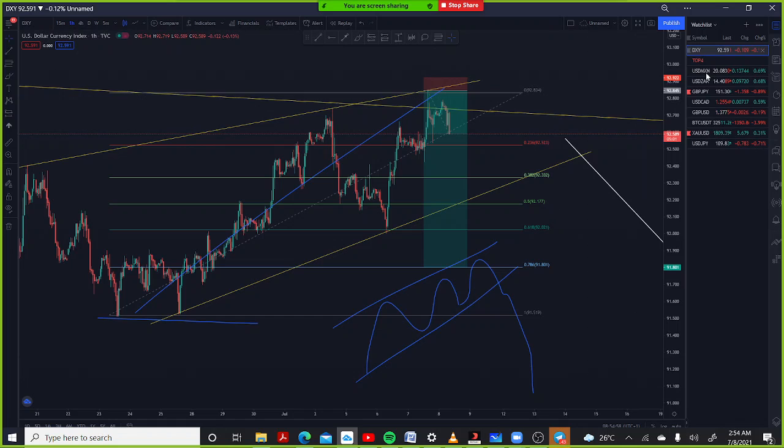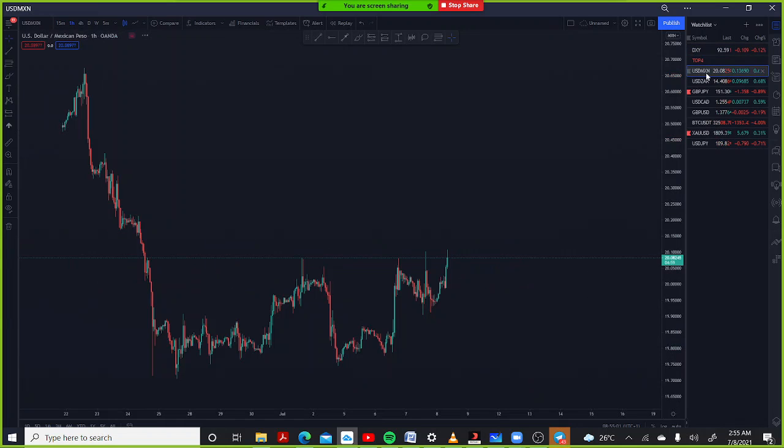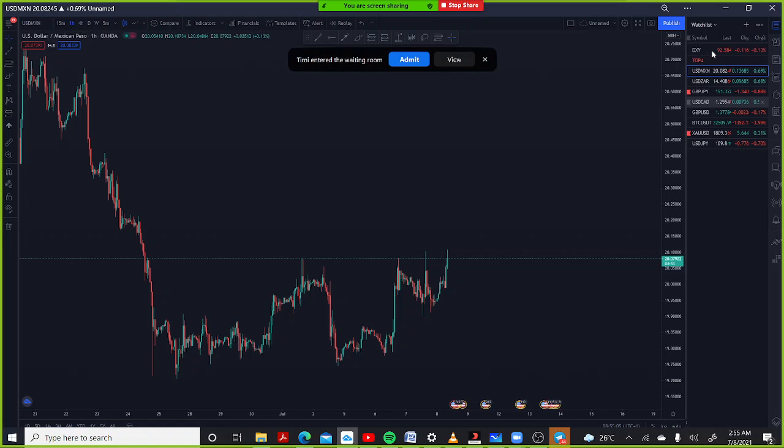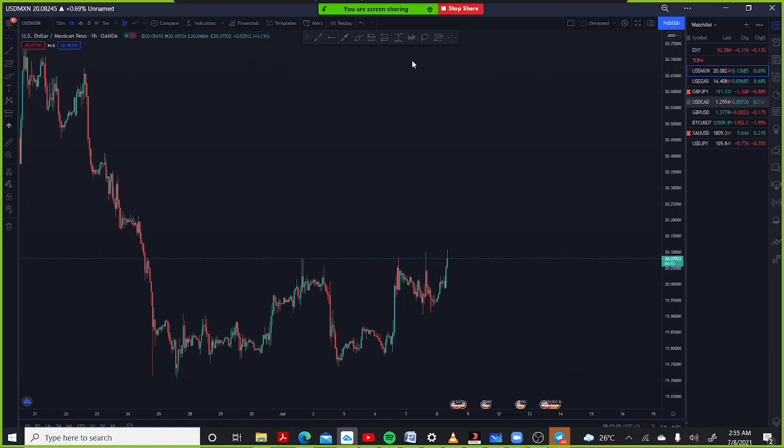So what you want to do is let's check the USD chart, the dollar index, what shows you the direction in the market.